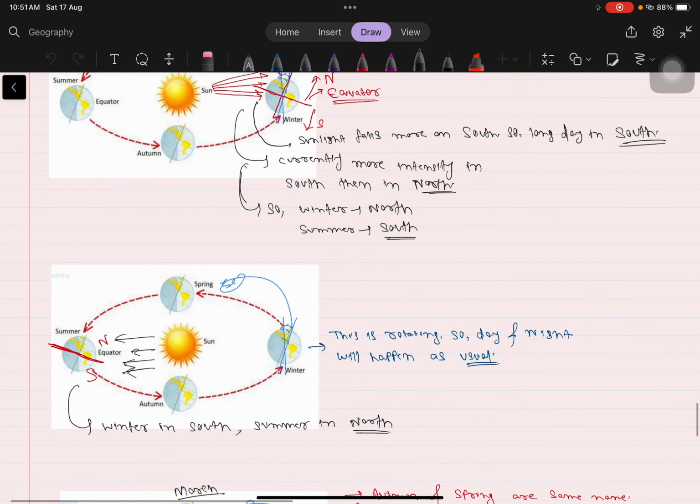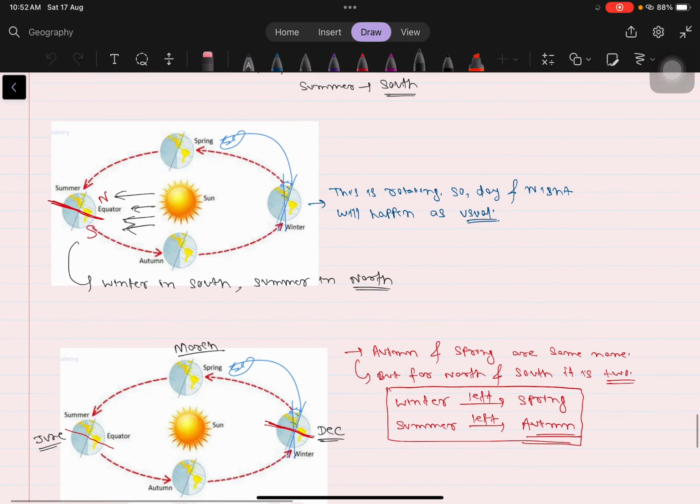And here we can see that when the earth reaches this side, the northern hemisphere is exposed to the sun and the southern hemisphere is away from the sun. So there is summer in the northern hemisphere and winter in the southern hemisphere. So this is all about the seasonality.